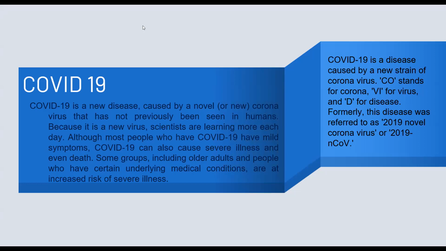Some groups, including older adults and people who have certain underlying medical conditions, are at increased risk of severe illness. CO stands for corona, VI for virus, and D for disease. Formerly, this disease was referred to as 2019 novel coronavirus or 2019 nCoV.